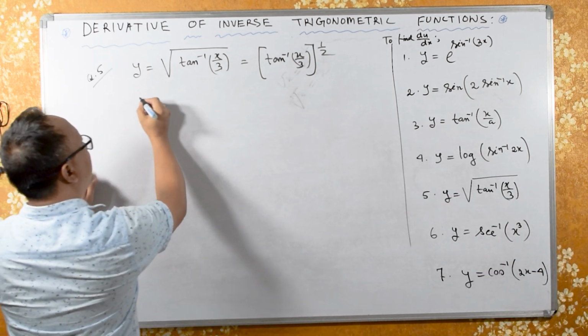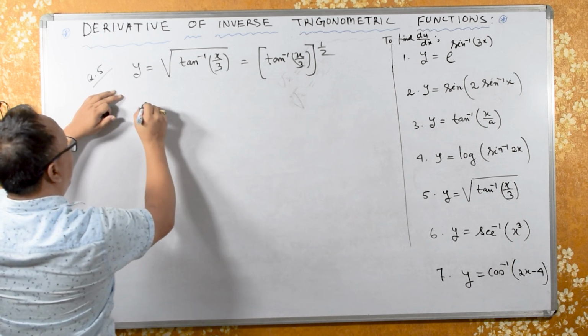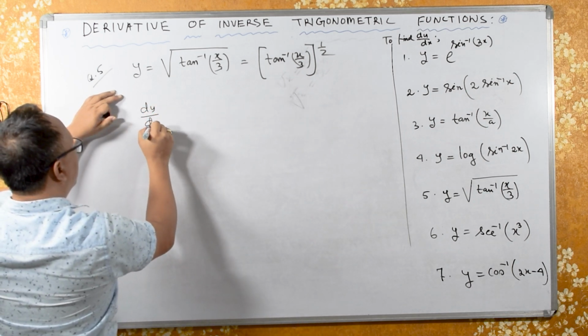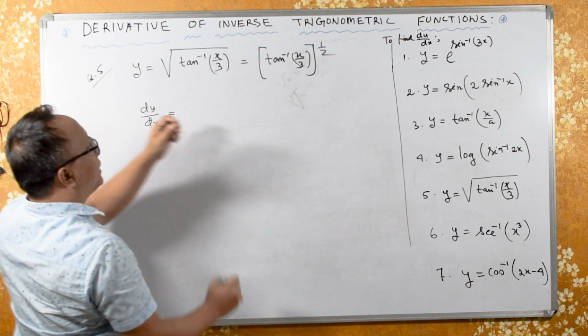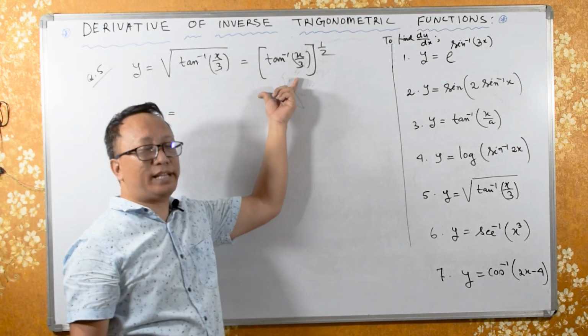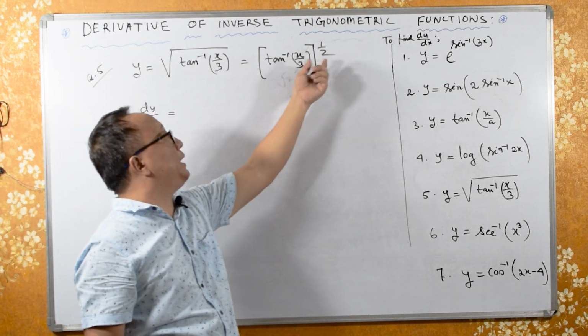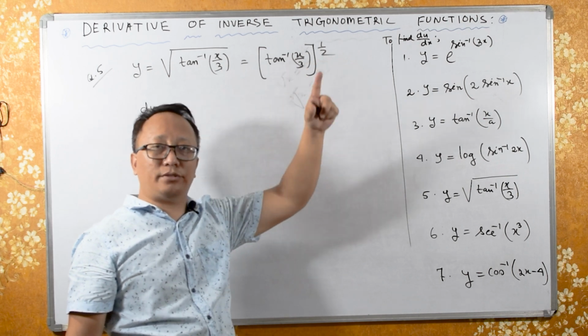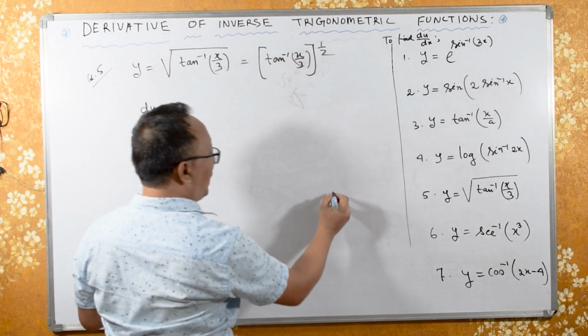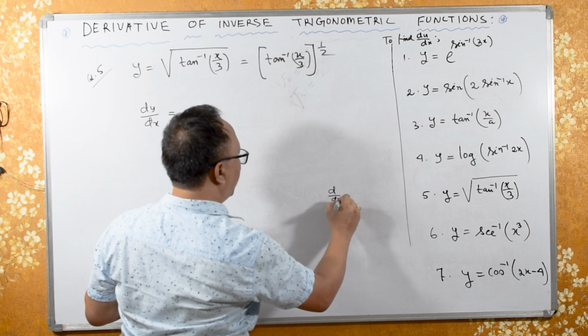Therefore differentiating with respect to x, we have dy by dx equals to something raised to n, or you can say x raised to n. Okay, x raised to n is n into x raised to n minus 1.